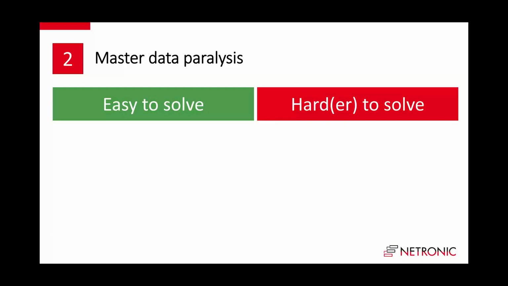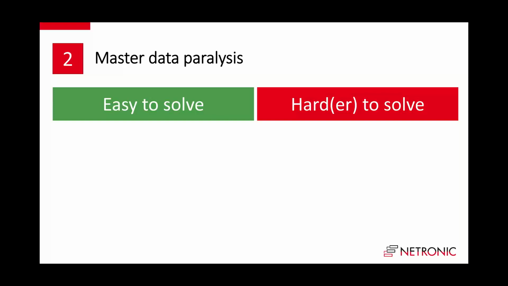Then the second trap that you can fall into is what I call the master data paralysis. That is, you're too concerned for too long about your master data. And I think there are a lot of people in the world who live from just tweaking master data.